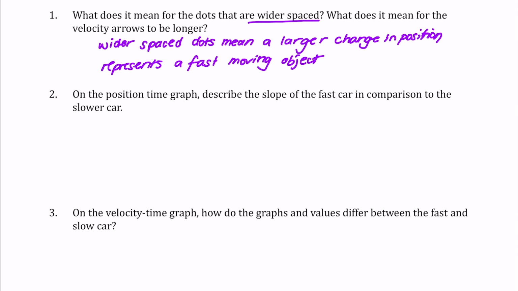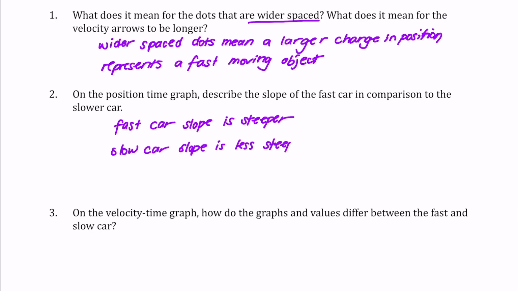All right, and then the next question, on the position time graph, describe the slope of the fast car in comparison to the slower car. A fast car slope is steeper, slower car slope is less steep or flatter. And that's something that you all remembered from last semester.